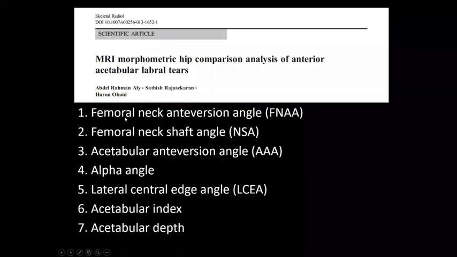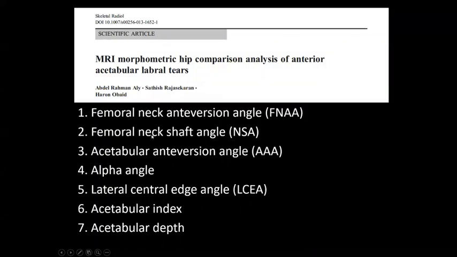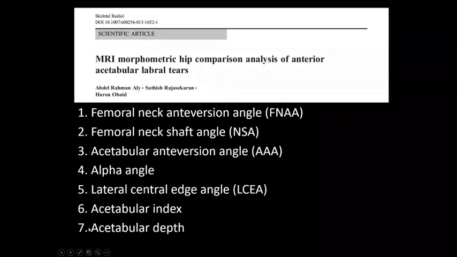We always quantify the femoral neck anteversion. We measure the femoral neck shaft angle. We measure the acetabular anteversion angle. We measure the alpha angle, lateral center edge angle, Tönnis angle or acetabular index angle, and the acetabular depth. These are the measurements we perform all the time.